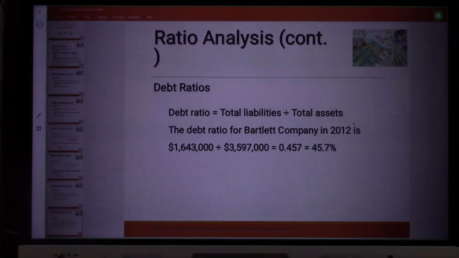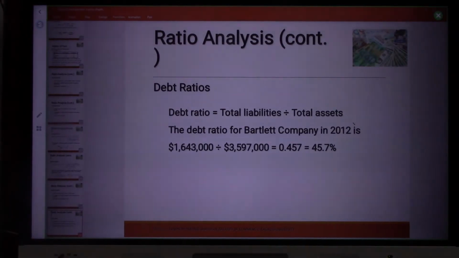Using our data, the debt ratio is equal to 45.7%. It means that this firm depends on debt by about 45.7%.